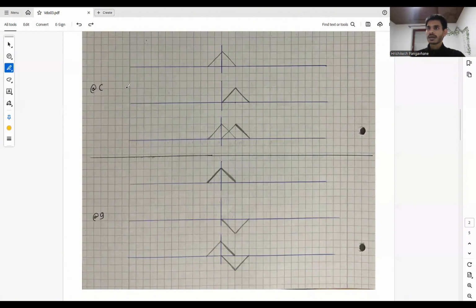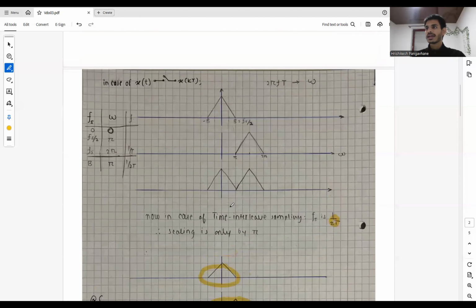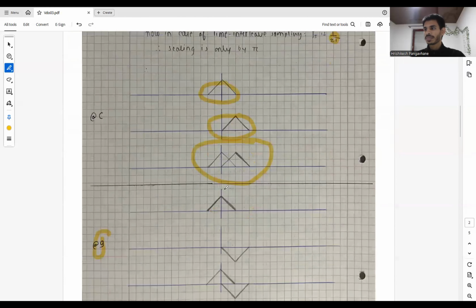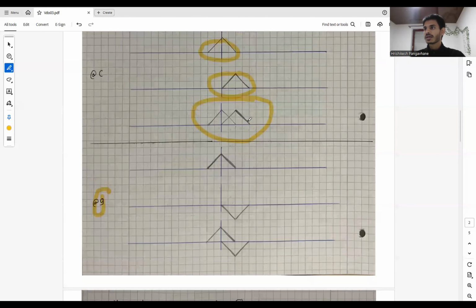So looking at the spectrum mathematically, when we plot these spectra, what happens is at node C, this is the operation which we are performing. We scale it, we convolve, and this is what we get. But at G, there is an inversion, as we see over here. Due to this inversion, instead of getting the shift like this, it is inverted with the same shift.